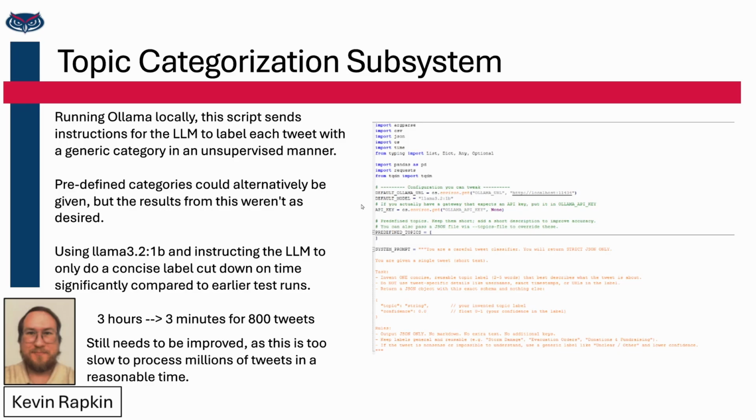We used the Llama 3.2 1B model and instructed the LLM to only do a concise label, and this really cut down on the time significantly compared to earlier test runs where we were using a different model that was not as lightweight, and we were telling the LLM to do more than just quickly give it a category label.